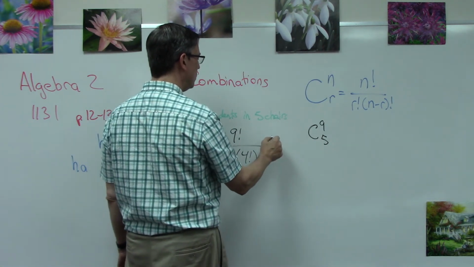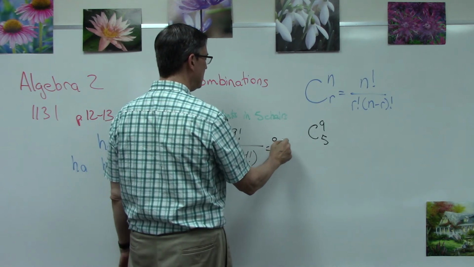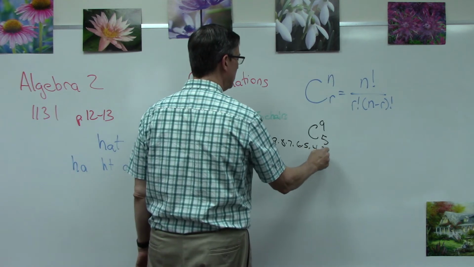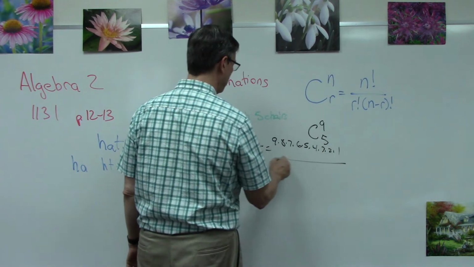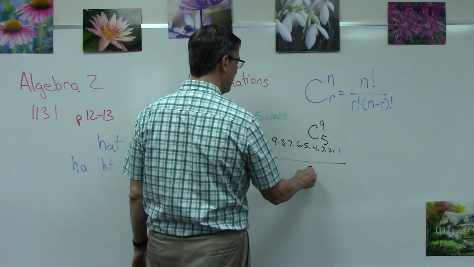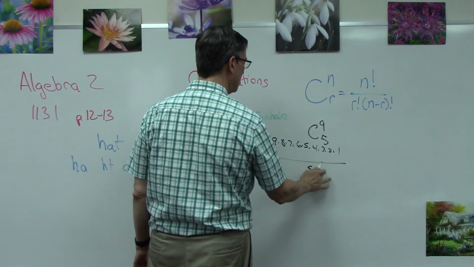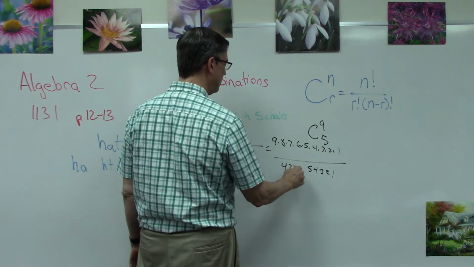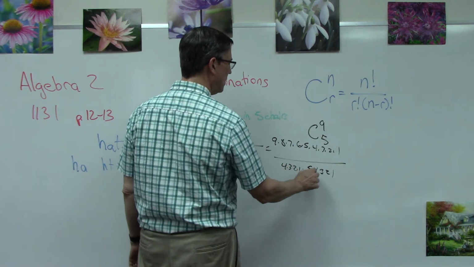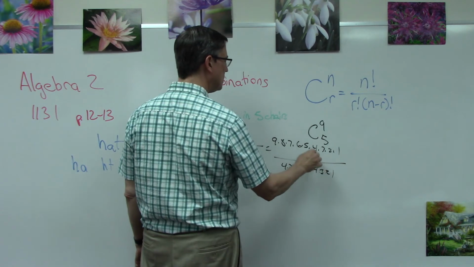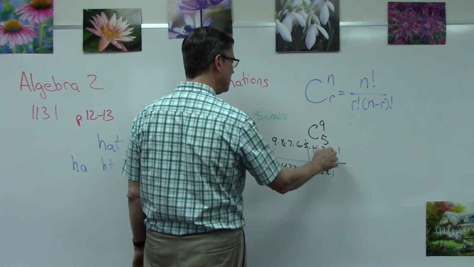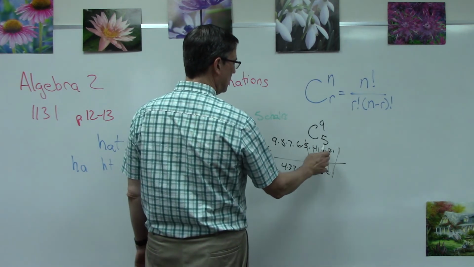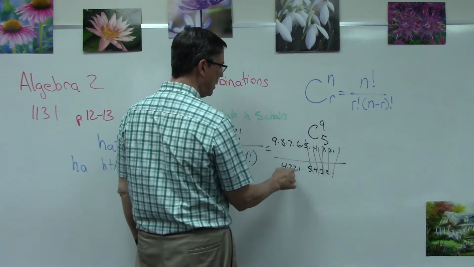Okay, so let's write out 9 times 8 times 7 times 6 times 5 times 4 times 3 times 2 times 1 over 5 times 4 times 3 times 2 times 1 over 4 times 3 times 2 times 1. All right. Putting dots between all of these, so they all cancel. There we go. All right.